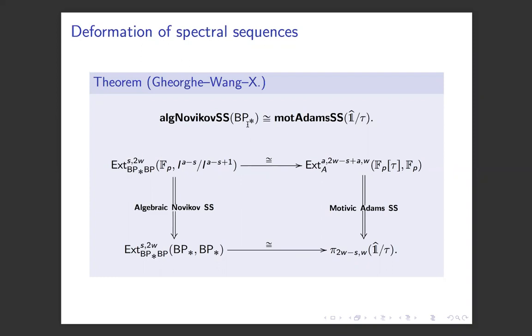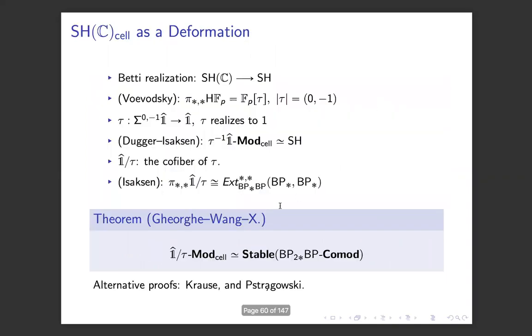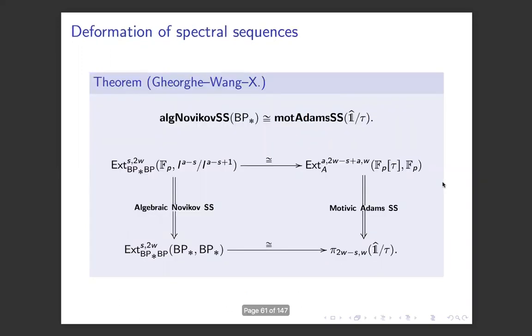And since BP_* is really the unit object in the derived category of BP_*BP-comodules, and this is the unit object in the modules over that, that motivates us to conjecture that the two categories are actually equivalent. And later we proved that using higher algebra and by defining a t-structure. I'll say a little bit more about that later.